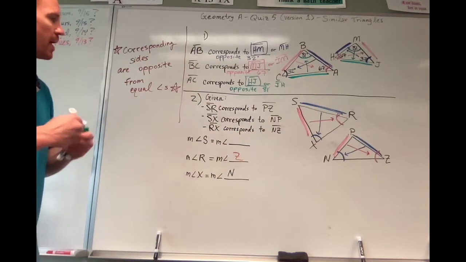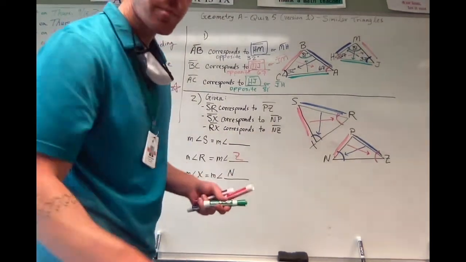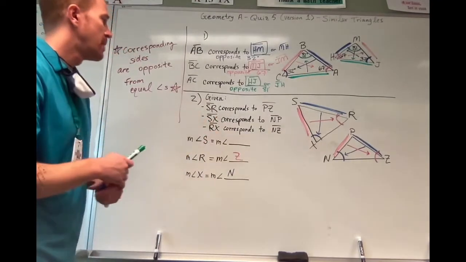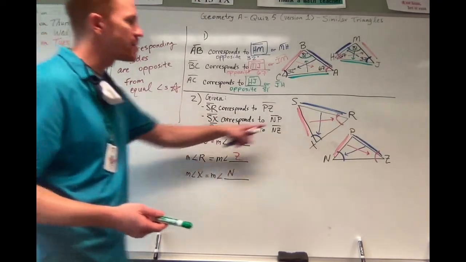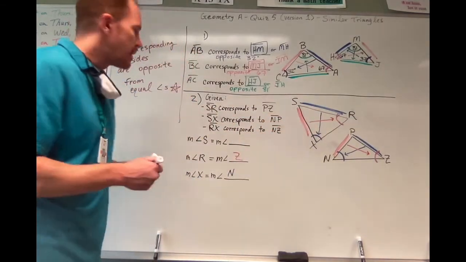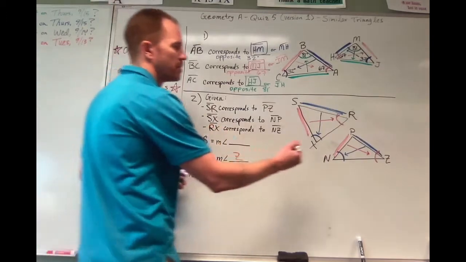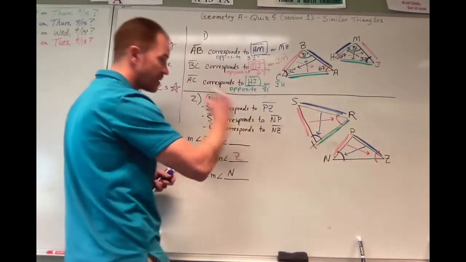Excuse me. Again, you might say by process of elimination, we've only got one more angle we haven't used, so angle S is the only angle we haven't done. But let's go through the logic. RX, I'll do in green here, corresponds to NZ.